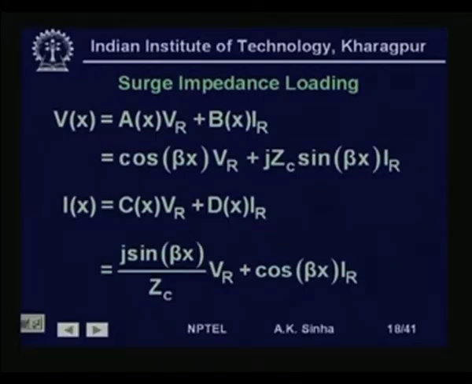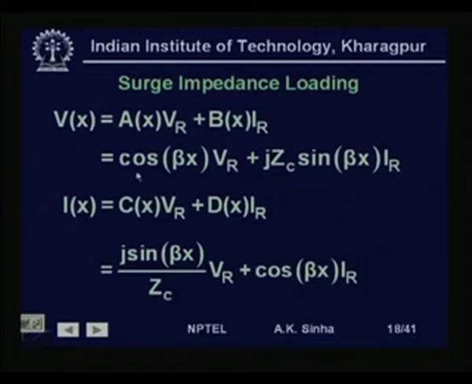Now, for a lossless line, we can introduce one more concept which is very important, especially when we are designing transmission lines or transmission systems. This concept is surge impedance loading. As we had seen earlier, Vx is equal to Ax into Vr plus Bx into Ir, where Ax is cos beta x in the case of a lossless line, and Bx is j Zc sin beta x.